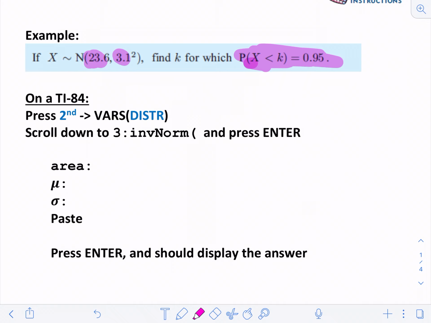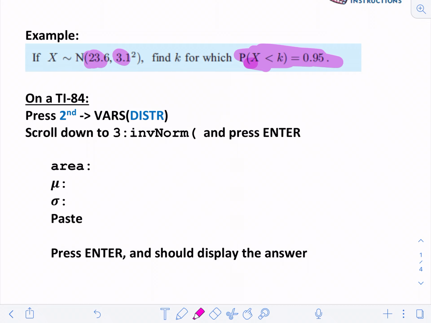So what we're going to use for this on the TI-84 is we're going to do second distribution and then go down to option 3, which is invNorm, which is inverse normal distribution. We press that, and we're going to have those 4 lines or 4 entry boxes that you see there.